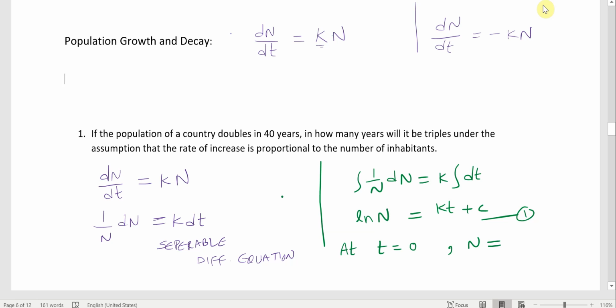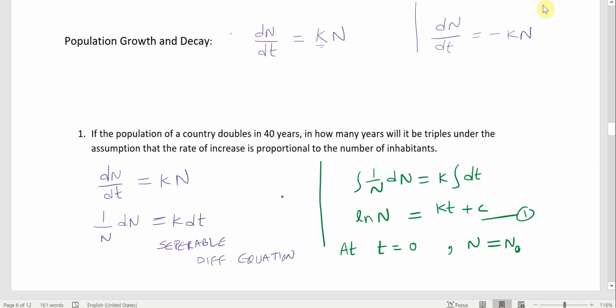Here, if we read the sentence, if the population of a country doubles in 40 years, that means the population will become double after 40 years from now. But now how much? Not given. So at time t equals 0 it is not given. That's why we will take it as n naught. So let us write t equals 0 here, and n equals n naught.